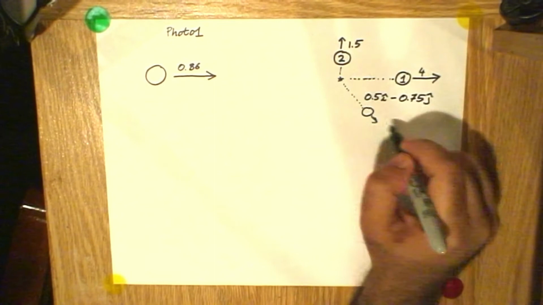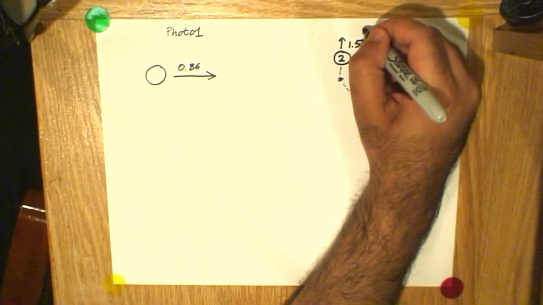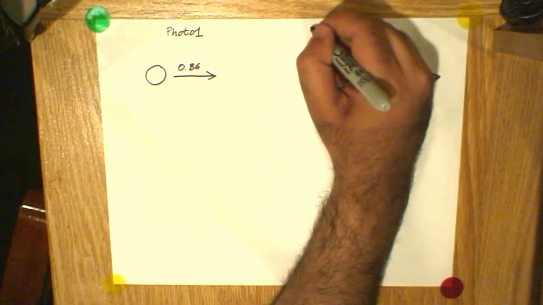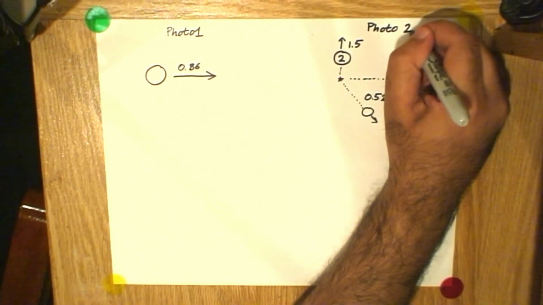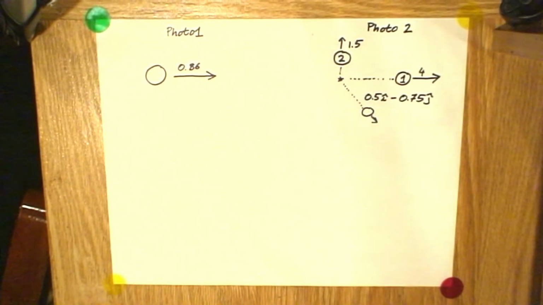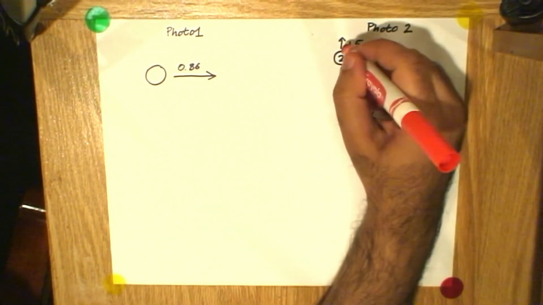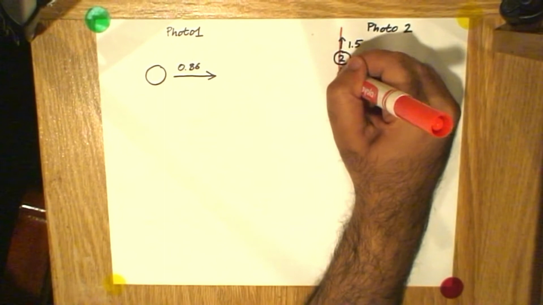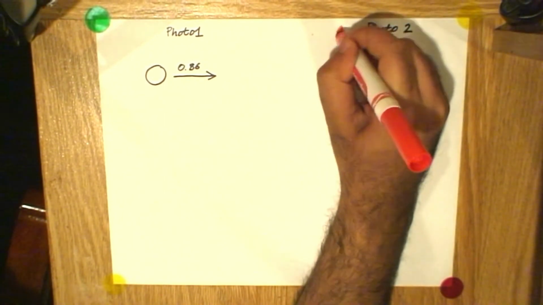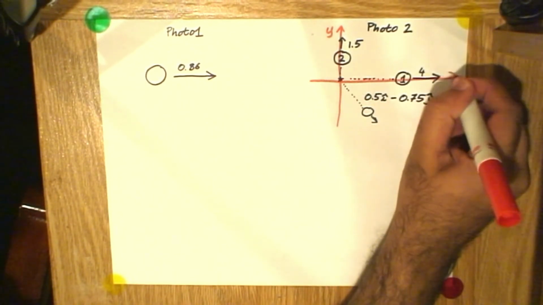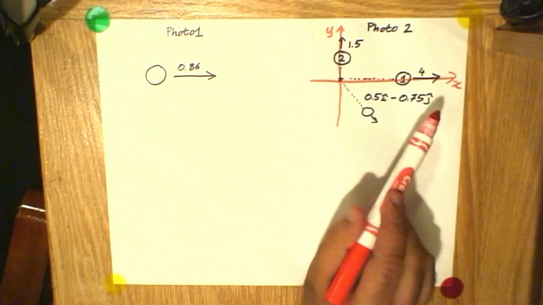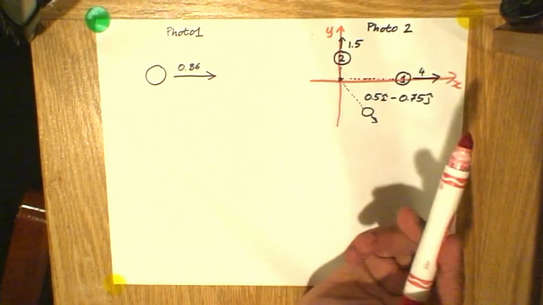So this over here, this diagram corresponds to photo 2. We are now ready to set our axes. I'm going to set the upward direction to be y and the rightward direction to be positive x. As usual, we usually put our axes on photo 2.